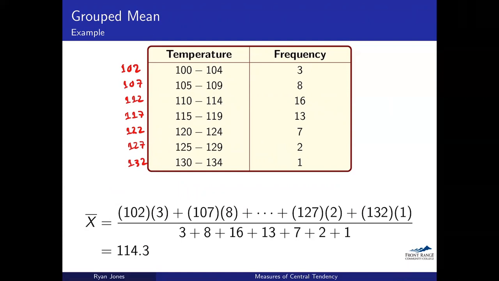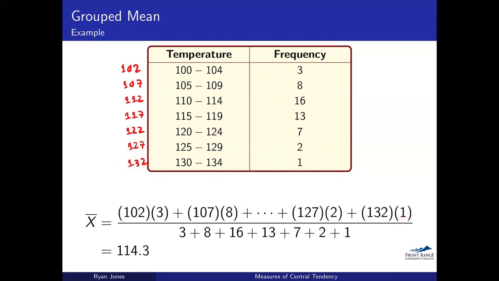That's just a lot simpler to deal with. Then I take my 107 and I do 107 times 8, and I'm adding all those up. So I'm adding 3 102s, 8 107s, within this dot, dot, dot, 16 112s, 13 117s, 7 122s, and then I add my 2 127s, and then I add my 1 132.